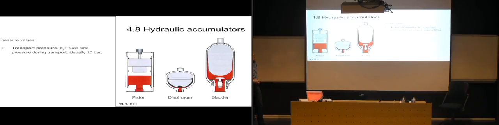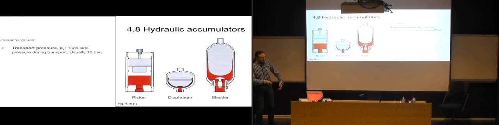So here we have a cross-section of a piston, a diaphragm and a bladder accumulator. And we're going to look a bit at different pressure values. They have certain names for different pressure values for these. So we have a transport pressure, which is basically the pressure of the gas inside the bladder or the diaphragm or the piston during transport.